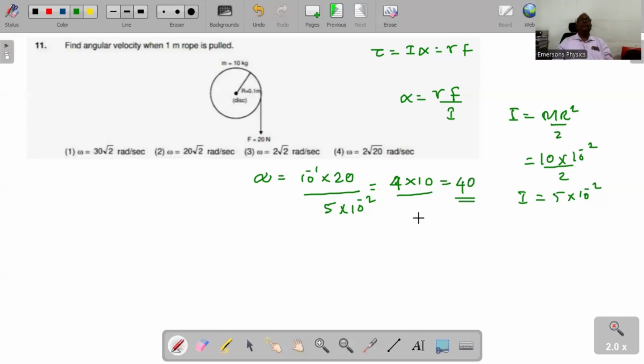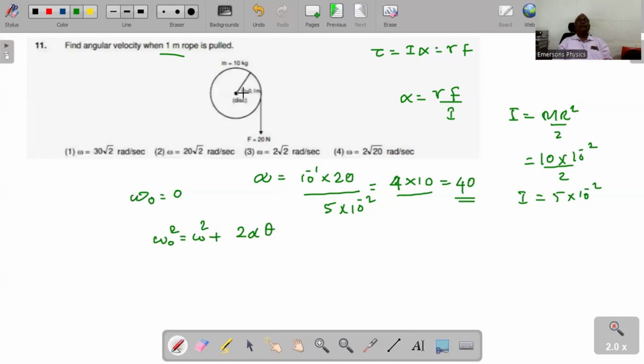Next step. We wanted to find out angular velocity. Angular acceleration is given. It is clear. It is pulled. At that time, initial angular velocity is 0. Omega squared equals omega naught squared plus 2 alpha theta. What is theta? It turned to an angle theta, and the distance moved is 1 meter.